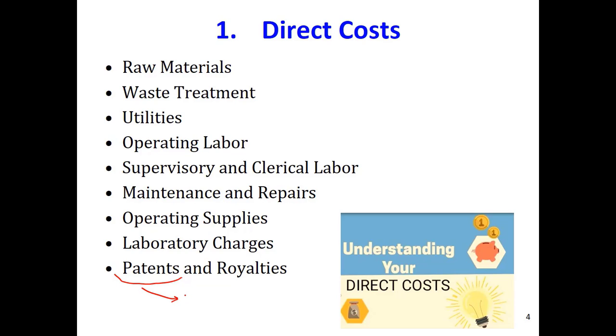Let's say iPhone is already there, you want to produce something similar to iPhone, so you have to pay for the intellectual property or the patent, because iPhone or any product is already registered as a patent, as an innovation, as intellectual property. If you want to produce something similar, you have to pay the right to produce that product.